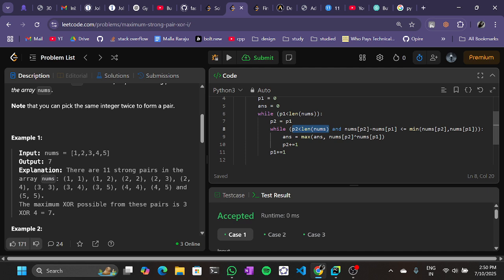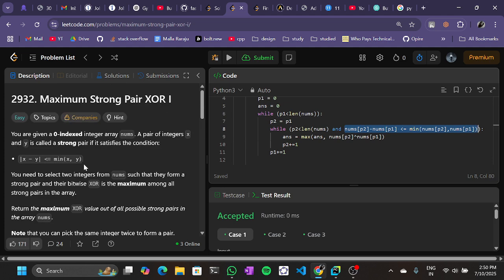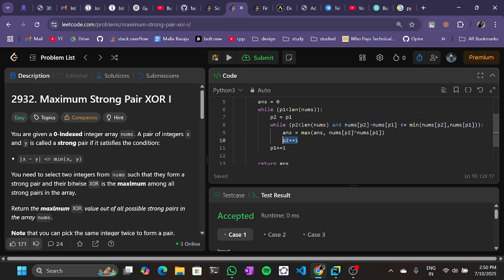If it's not out of bound, we'll be checking the next condition, that is if the selected pair is a strong pair as defined here, that is the absolute difference is less than or equal to the minimum of both elements, and we'll be incrementing p2, and we are checking the XOR along the way as well.